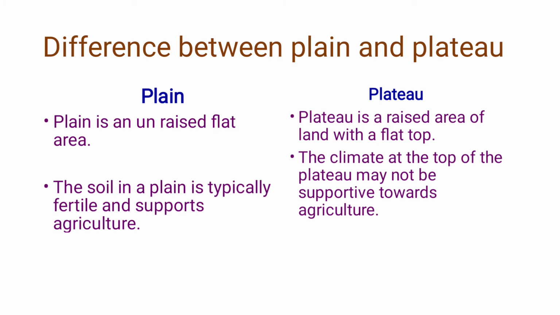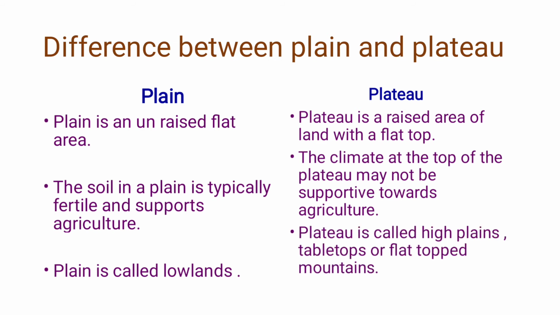We cannot do agriculture in a plateau area, as there is a scarcity of water also over there. Water is also not found in plateau areas. Now the plains are called lowlands, and the plateaus are called high plains, tabletops, or flat top mountains.